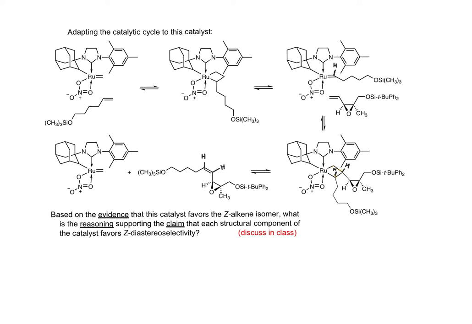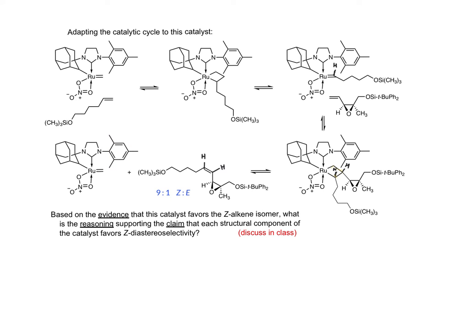Based on the evidence that we get a 9-to-1 ratio of isomers favoring the Z alkene, what is the reasoning supporting the claim of at least 3 different structural elements of this catalyst? One of those claims may be the bulk of the trimethylphenyl substituent.